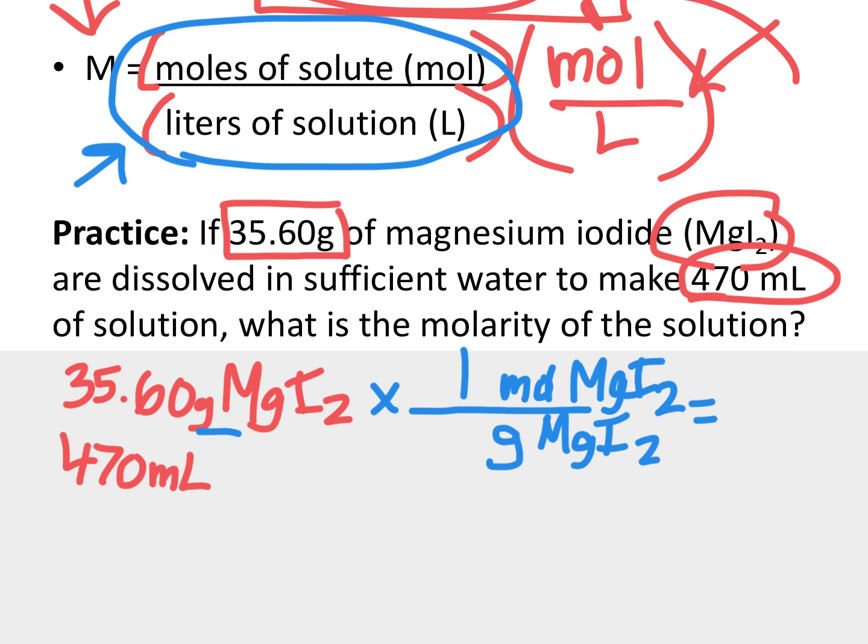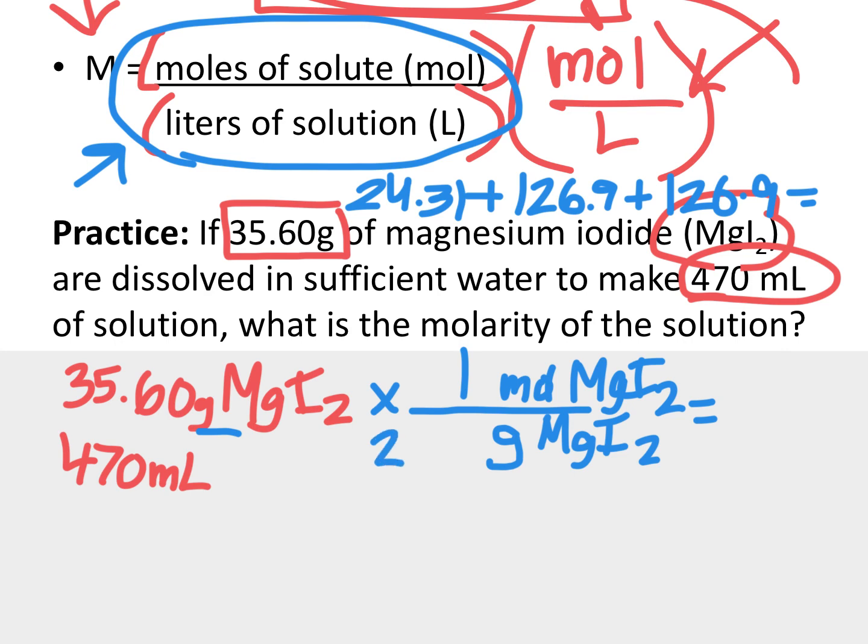Magnesium is 24.31, and each iodine is 126.9. I'm going to add up all 3 of those. When I get my answer, it gives me 278.11 grams. The reason the mole map does this is that grams of magnesium iodide cancel out, and that allows us to get our answer in moles.